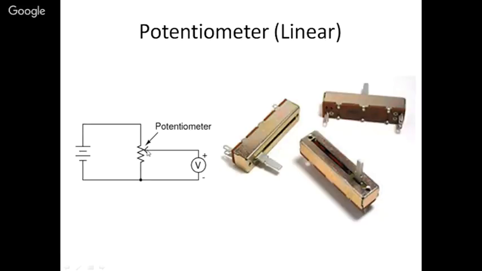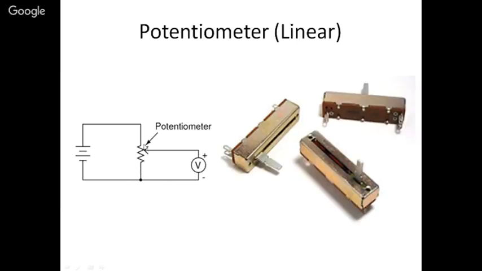So the current is flowing in this. Now if we have another terminal here which is movable, it's kind of a wiper, then the voltage measured across this terminal, which we'll call 2 and 3, will depend upon the position of this contact.